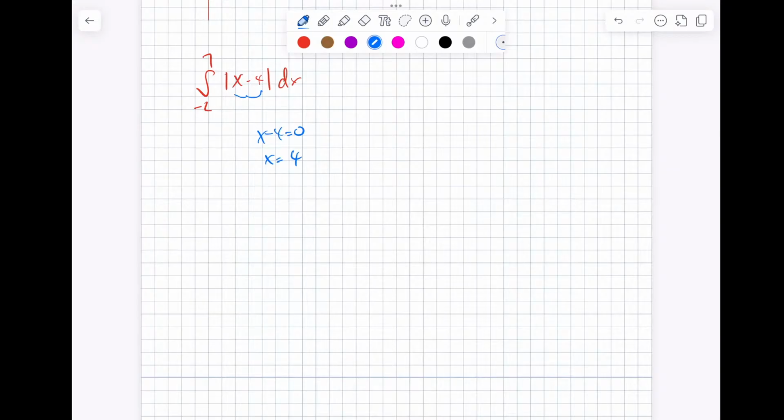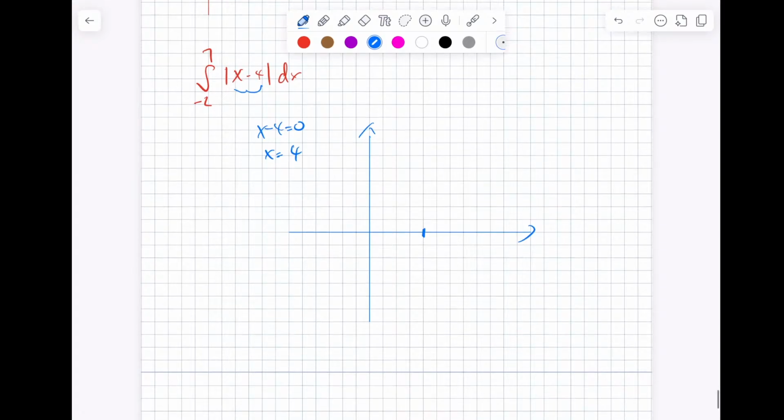So x equals 4. You go to 4 right here, and if you set x minus 4 equal to 0, you will find out where the sharp turn is. That sharp turn is going to go this way, because the slope is 1. And this one's going to go the other way.